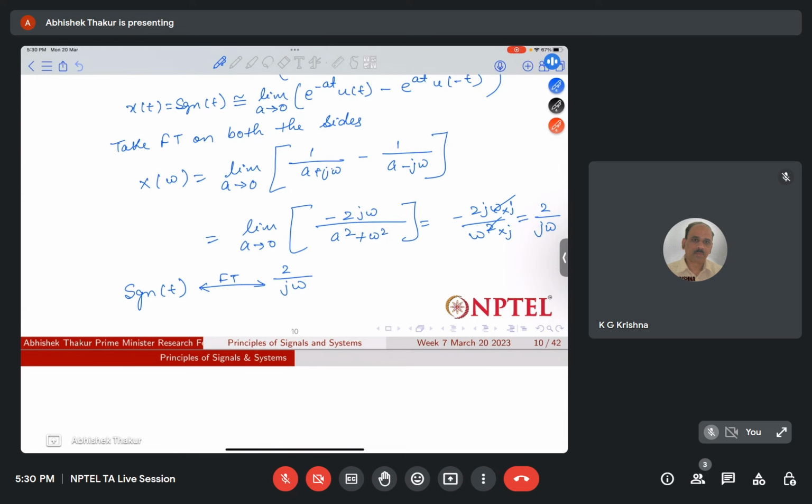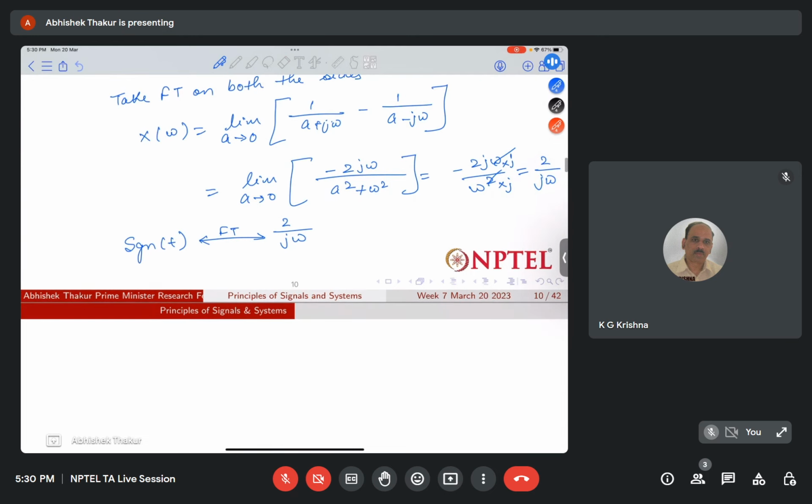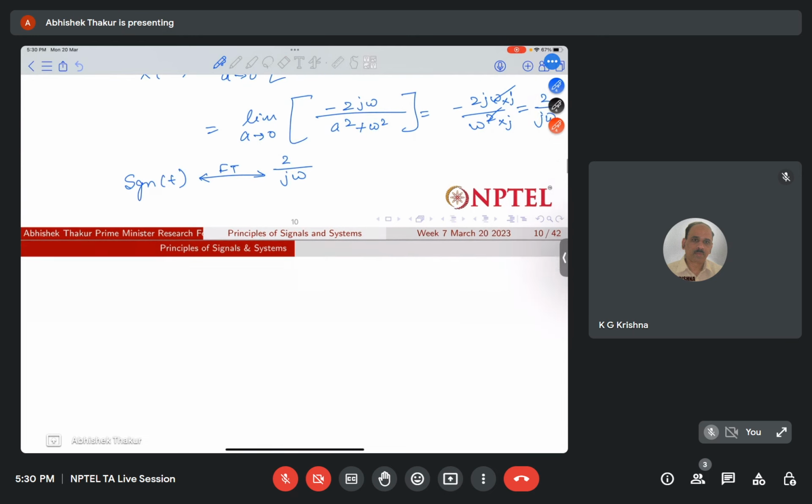So what will be the magnitude and phase response of this? Here we can write the magnitude of X(omega) will be 2 by omega, and the phase of X(omega) is equal to minus pi by 2 when omega is greater than 0, and pi by 2 when omega is less than 0.